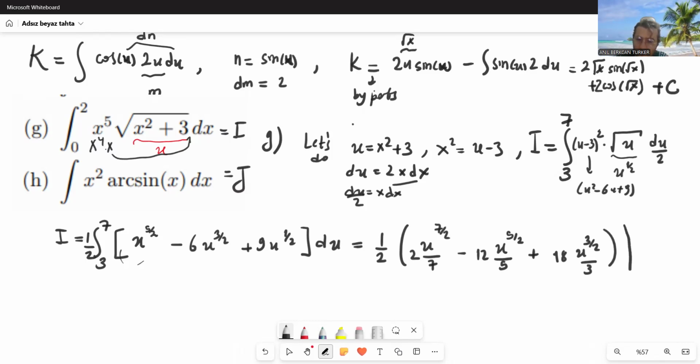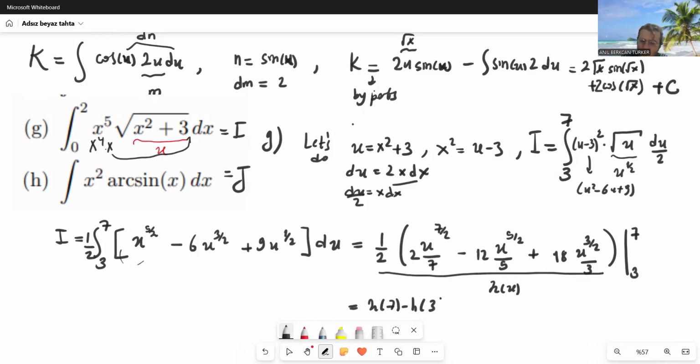So you just need to evaluate at 3 and 7. Okay, let me call this function h of u. So this result is just h of 7 minus h of 3.